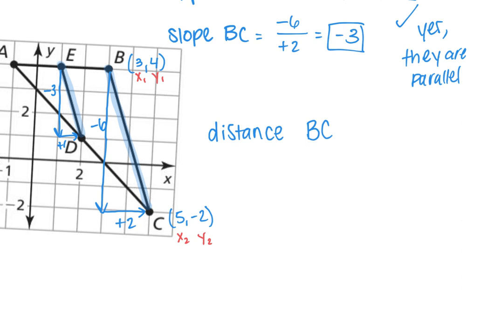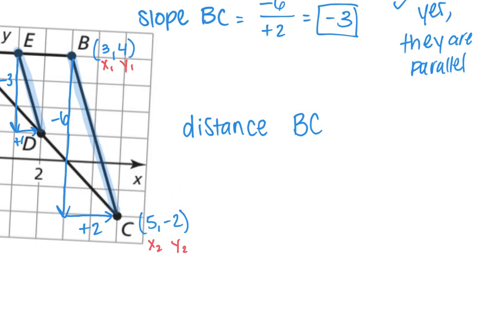So once we establish that these are our coordinates, let's write out the distance formula. Who has it memorized already? Go ahead, Giselle. x1 plus x2 divided by 2, comma, y1 plus y2. Nope. That's the midpoint formula.